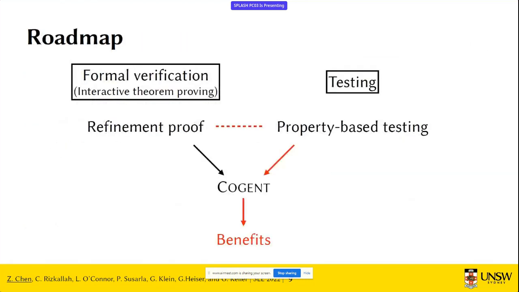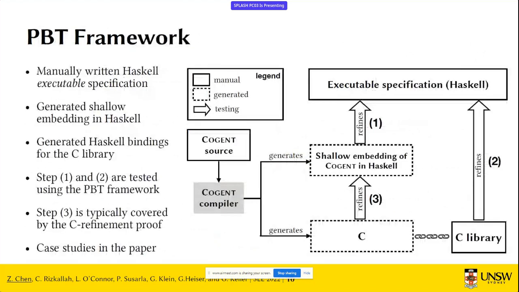Okay, we've seen COGENT, we've seen refinement proofs that are used in the COGENT framework. Now let's see how we extend the COGENT framework with property-based testing. If you look at the testing framework, it's actually very similar to the verification framework, and that's intentional.